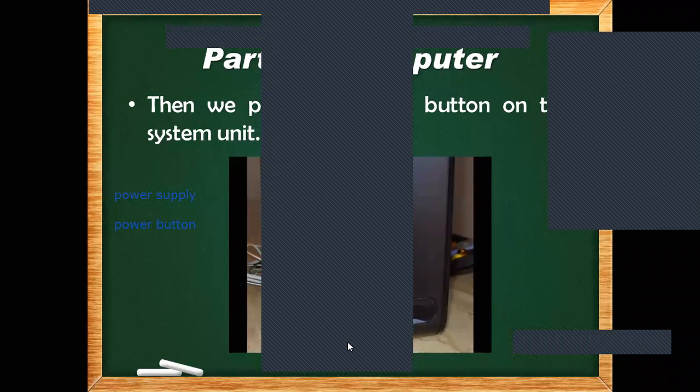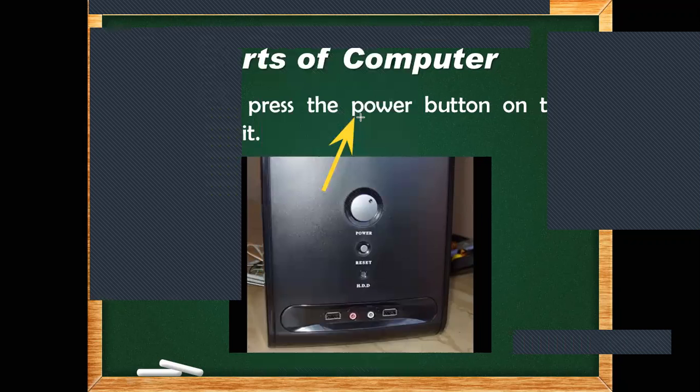Abdul Rahman Al Wasil, can you tell me the spelling of power button? Abdul Rahman Al Wasil, are you there? Yes, sir. Okay. Tell us the spelling. If you see my screen, the spelling is there. Can you read the spelling? Power, P-O-W-E-R. Very nice.